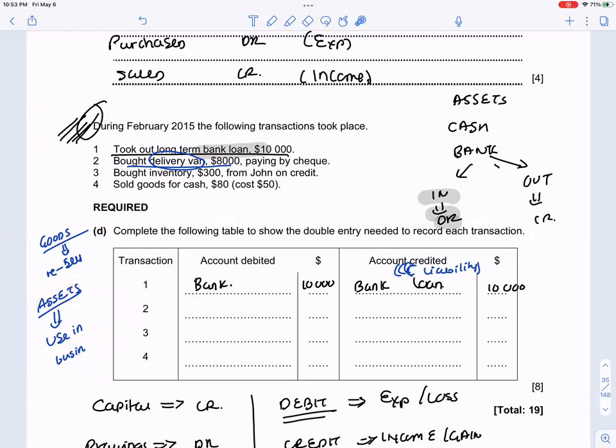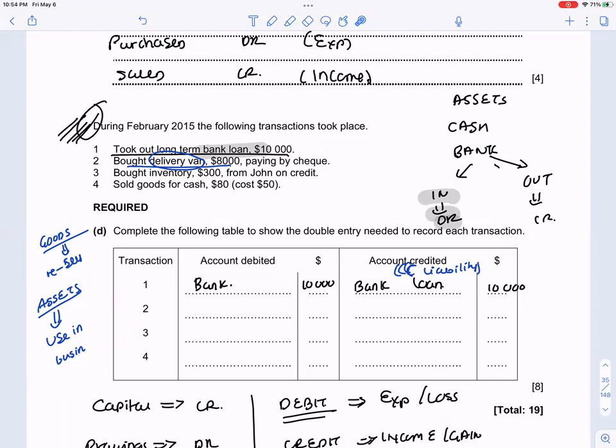Assets you use, goods you resell. Again, tell me, assets you use. Goods you resell. You use assets and you resell goods.